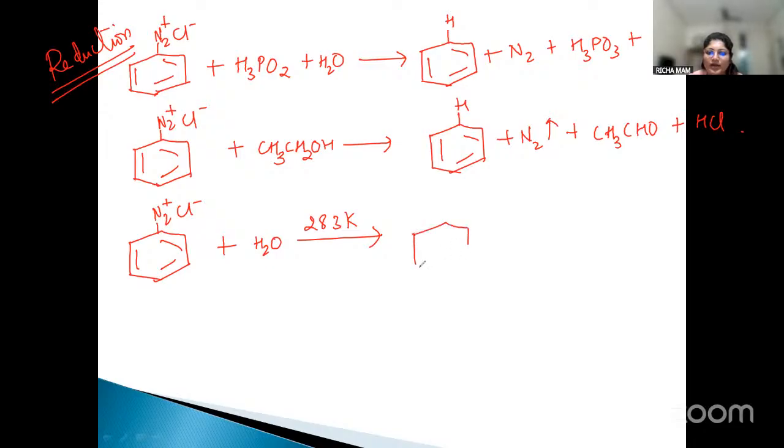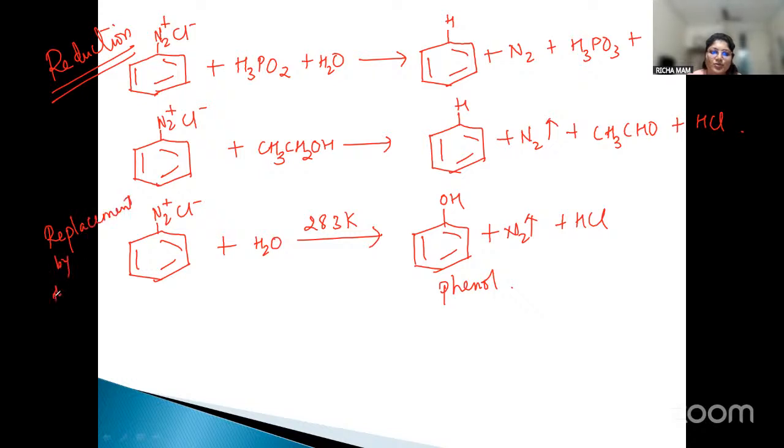What I am going to get is N2Cl replaced by OH, plus N2 gas released, plus HCl. So I am going to get phenol. This is replacement by the hydroxyl group, which is nothing but the OH group.